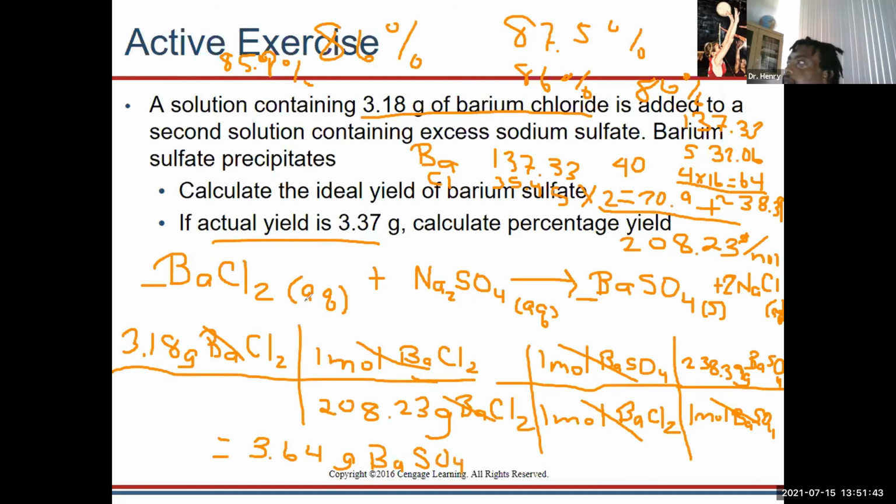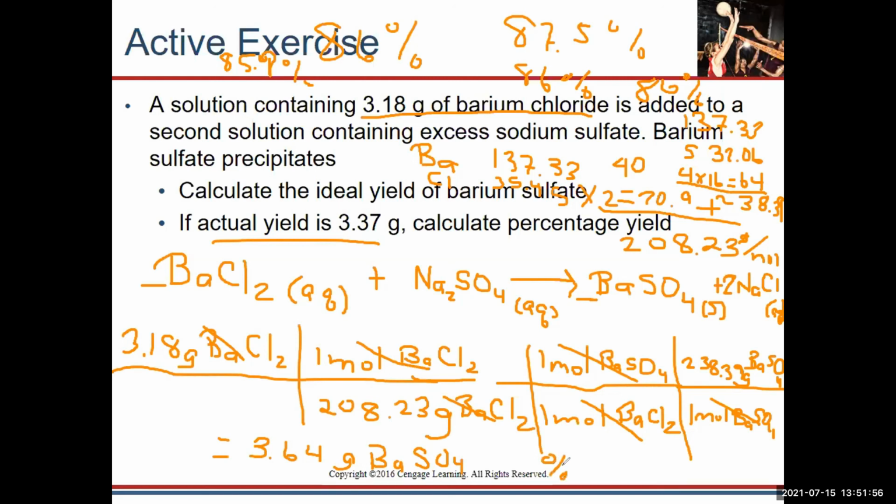Okay, so if our actual yield was 3.37, how do we calculate our percent yield?